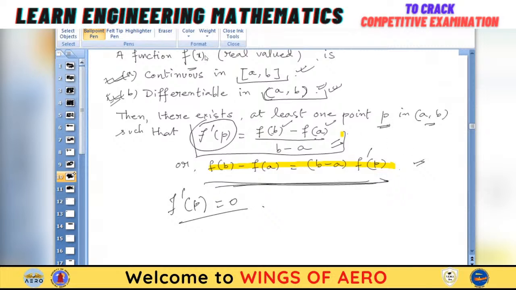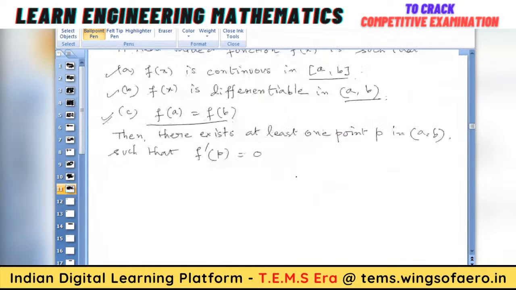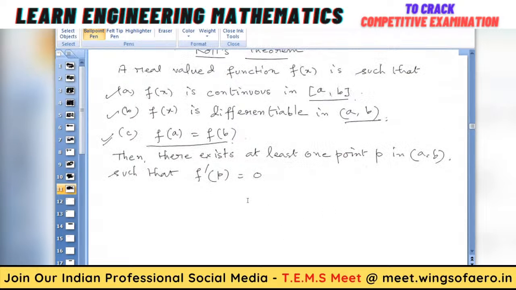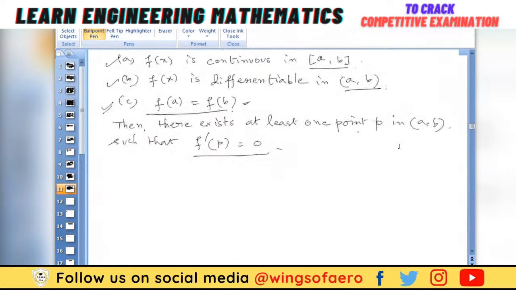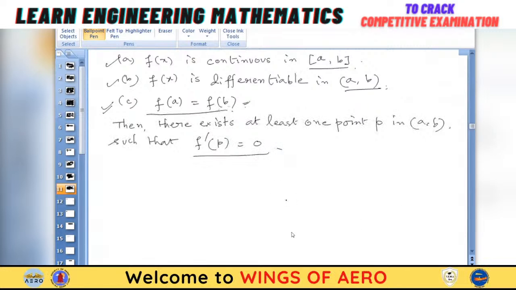So the same thing happens for Rolle's theorem. The third condition, f(a) is equal to f(b), is given to you, and for this we can say that f dash p is equal to 0. Now, what does Rolle's theorem say? It is the basic idea of maxima and minima. Look at this.